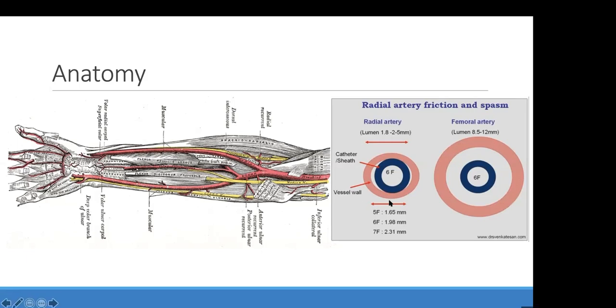And this is just a comparison between the femoral and the radial artery in terms of size. Even now with better equipment, we can use what is called a 6 in 7 guiding catheter, where you can use a 7 French catheter inside the radial, because the technology has evolved.